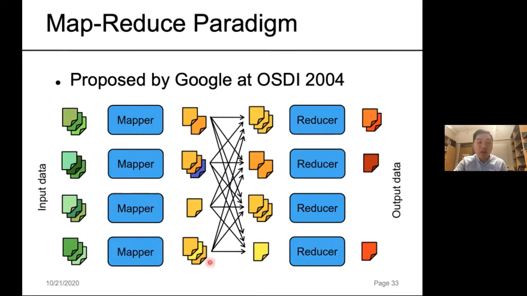In the shuffle phase, workers redistribute data based on the output keys, such that all data belonging to one key is located on the same worker node. And the reducer will finally process each group of output data.